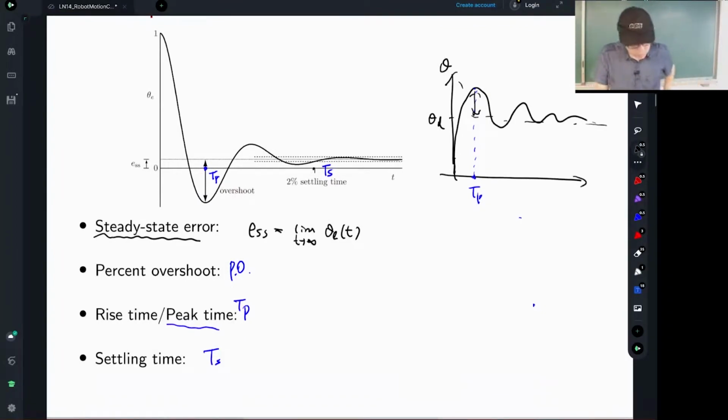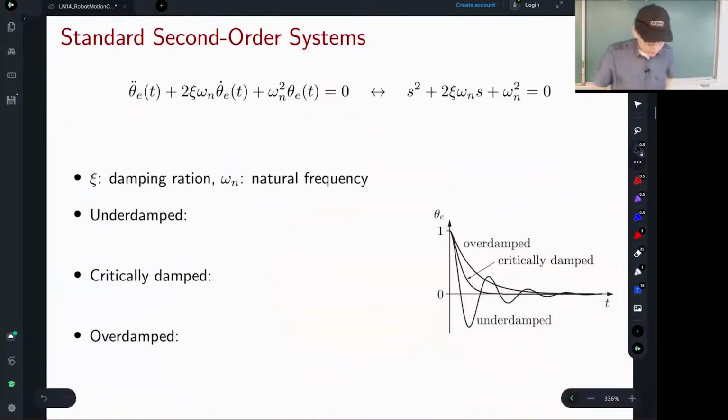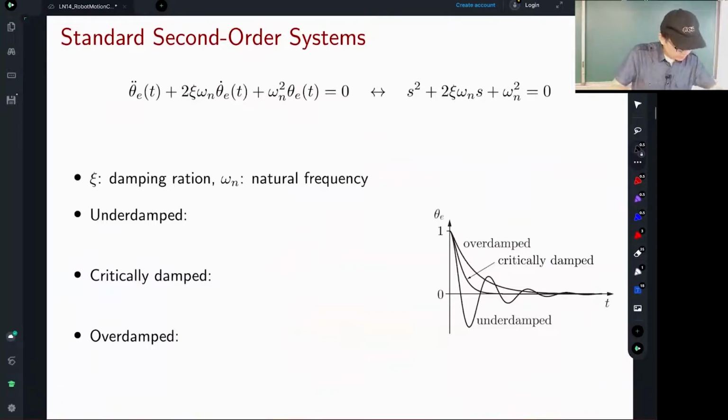Okay, let's continue. So we care about the system response. For a linear system, the response is completely determined by the transfer function, like the poles of the transfer function. Typically when we consider this, we study the second order system. I think everyone should know this.